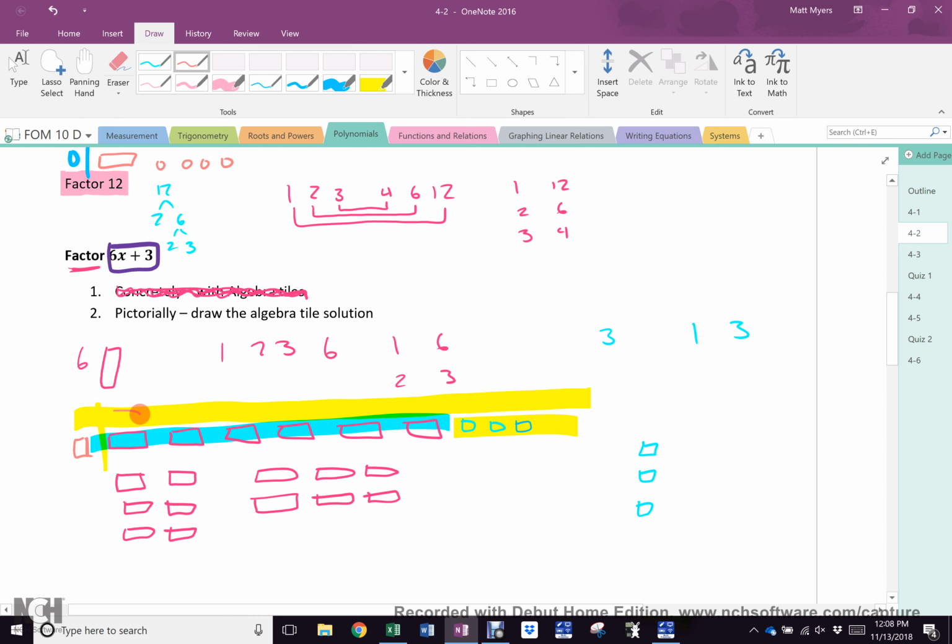And then I got 1, 2, 3, 4, 5, 6, 1, 2, 3. Have I changed it at all? No, I have 1 times 6x plus 3. So I can't use that one because that didn't change it either. Okay? What else could I do to make a rectangle?